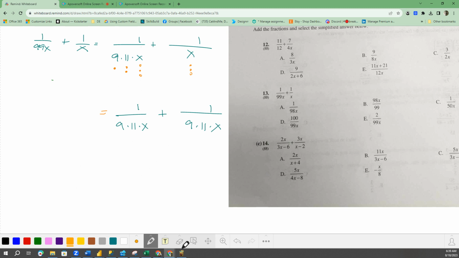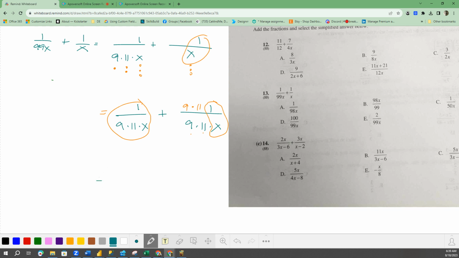Okay, so this is exactly the same as the top one, so there's really nothing you can do with that. But on the second one, this one right here is the same as that. So that would mean you have to multiply the top with 9 times 11 because these two are not the same as the one on top. Okay.